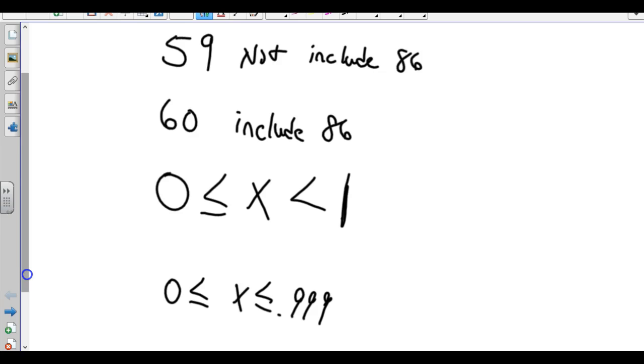That's really what it is if we include the end. Agreed? So if I take 59 times 0, I get 0. If I take 59 times 0.99999, that gives me 58.9999-ish, right? Yes?